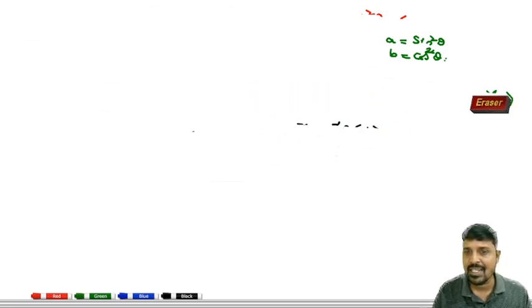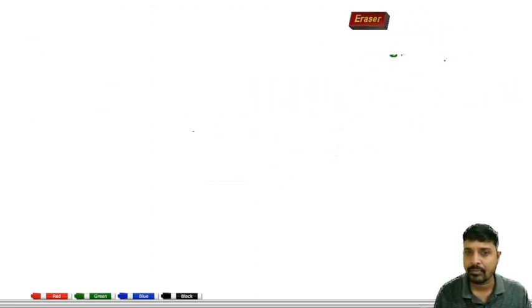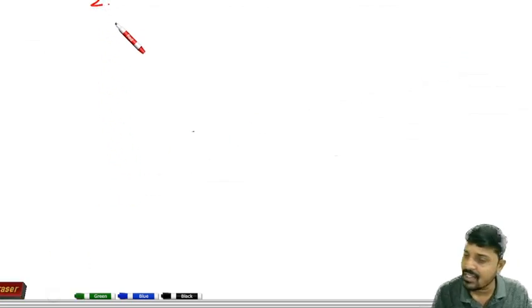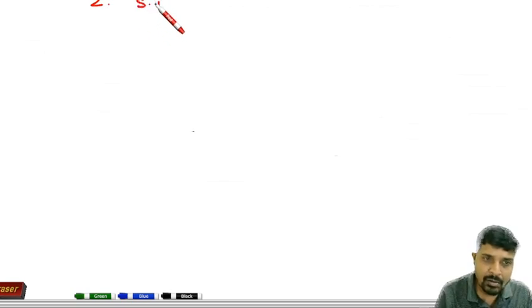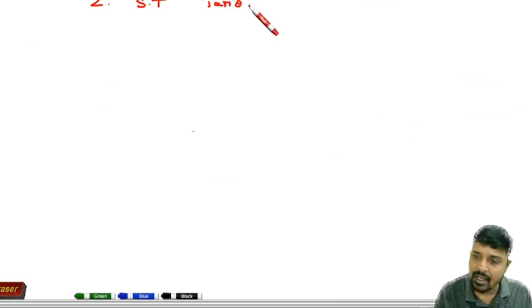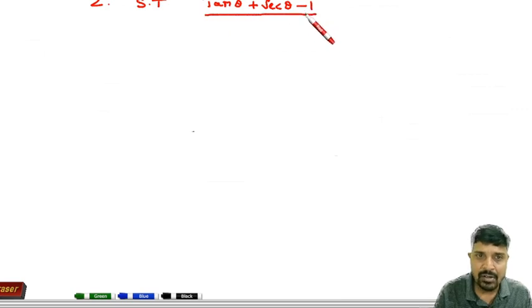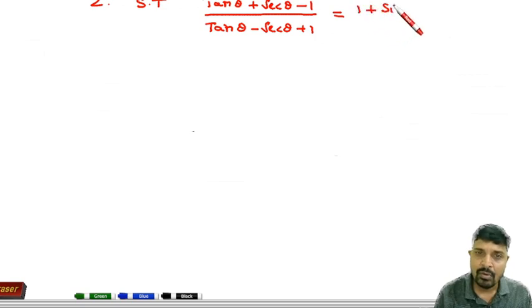Now the second question is: show that tan theta plus sec theta minus 1 over tan theta minus sec theta plus 1 is equal to 1 plus sin theta over cos theta.